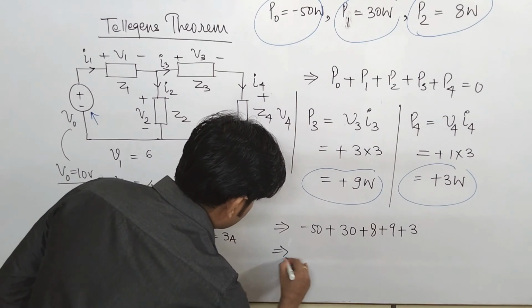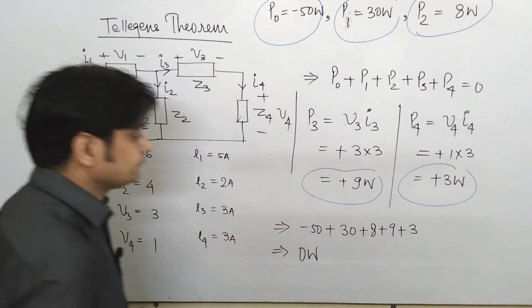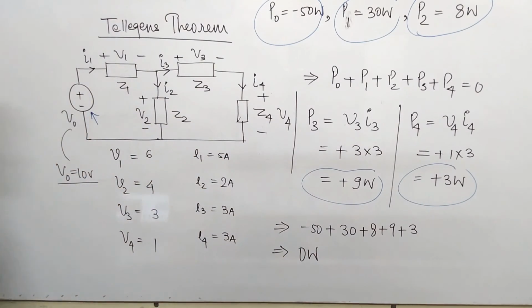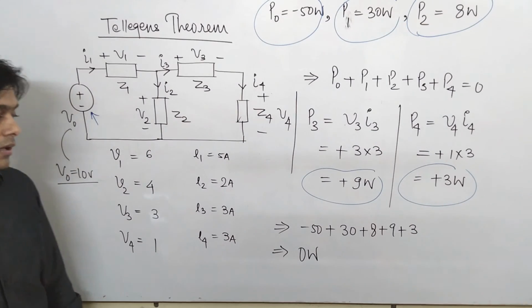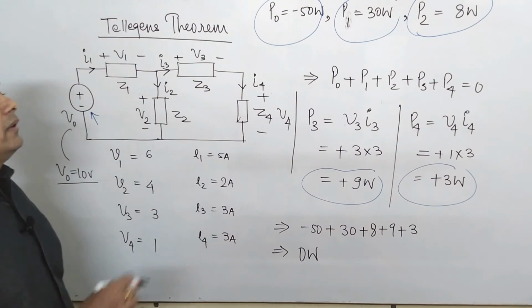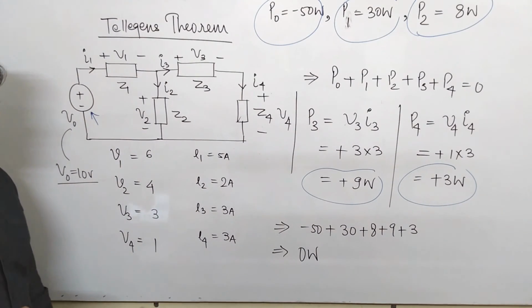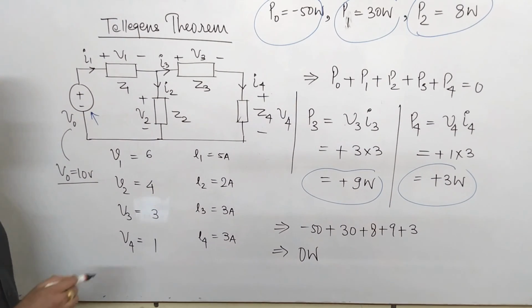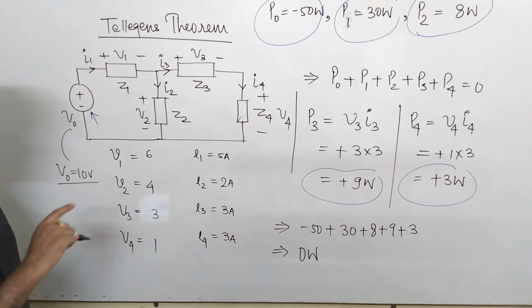So that comes to be how much? It is 0. So with this we have understood that in a network the algebraic sum of power remains 0, independent of the nature of the network. So this is all about Tellegen's theorem.